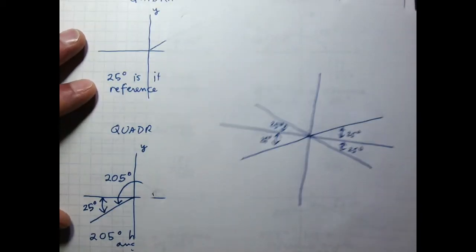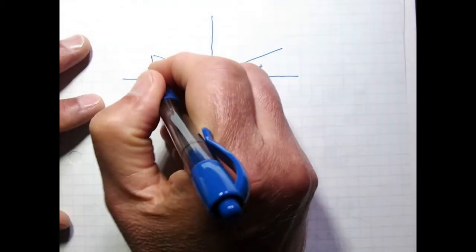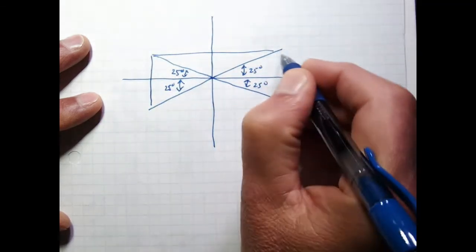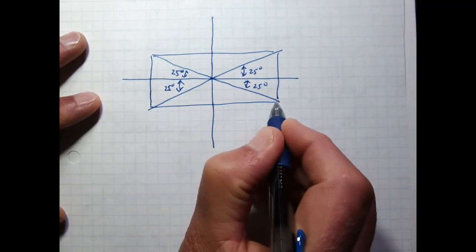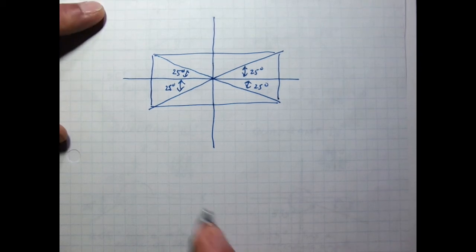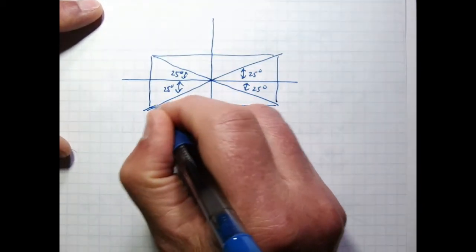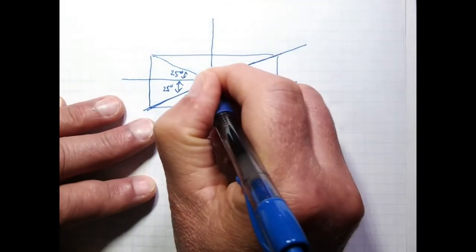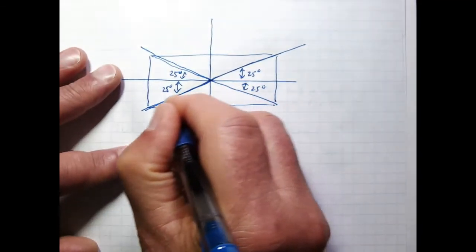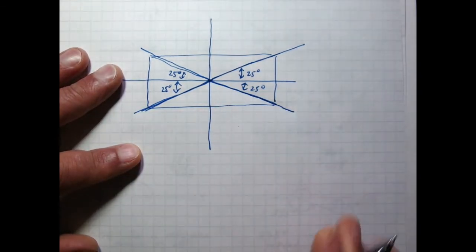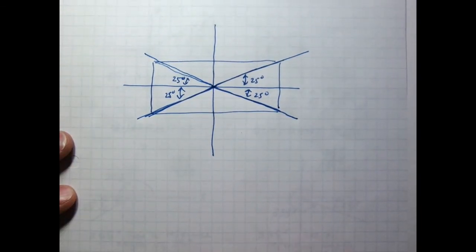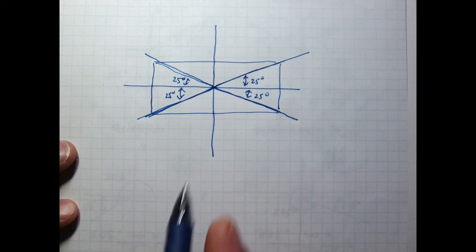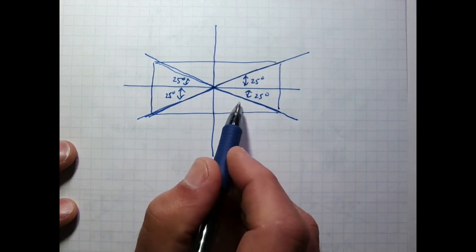Okay? And that's really where that bow tie, that rectangular thing comes from. And the idea is any angle at all that has a terminal side here, here, here, or here, in any of those 4 positions, any angle positive, negative, greater than 360, or less, anything at all, has 25 degrees as its reference angle.